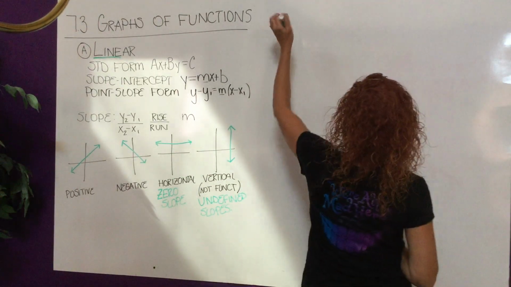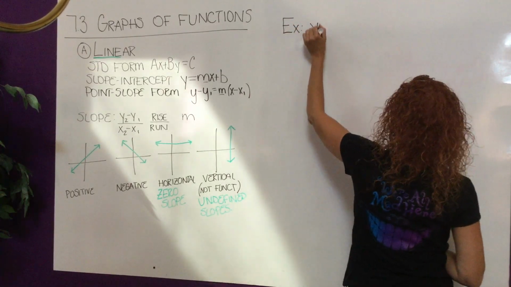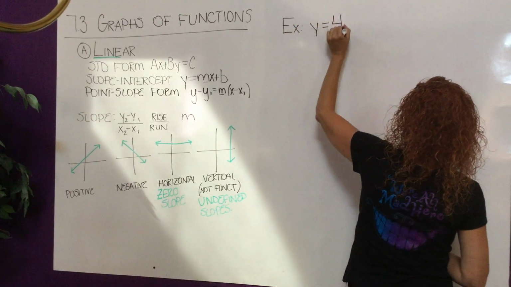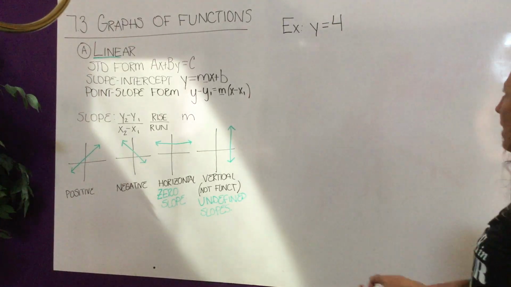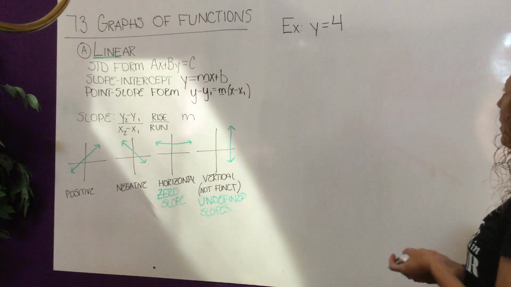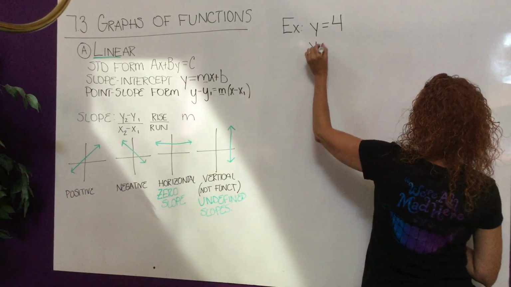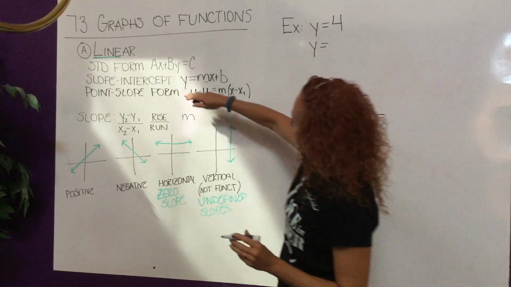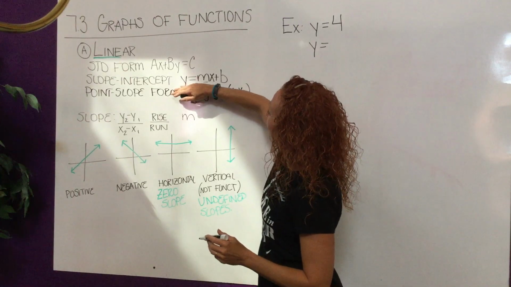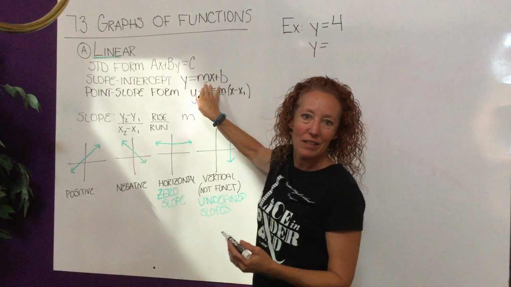The last type that we're going to look at looks like this. And so you notice here, you don't even have an x. There's no x value. So if I was going to rewrite this in slope intercept form, there is no m, and so therefore there is no x.